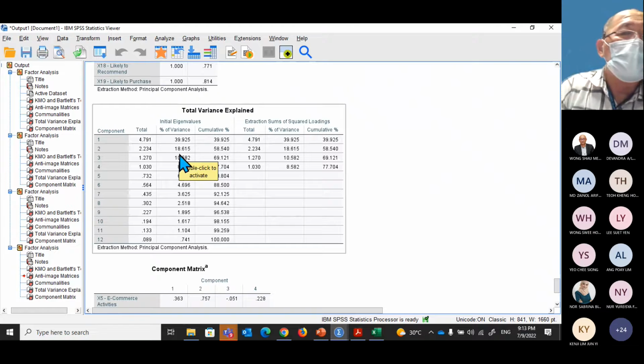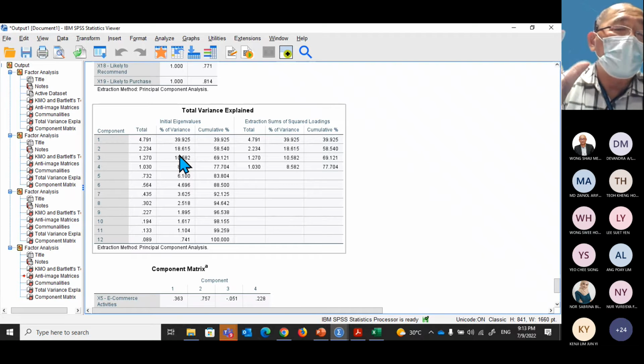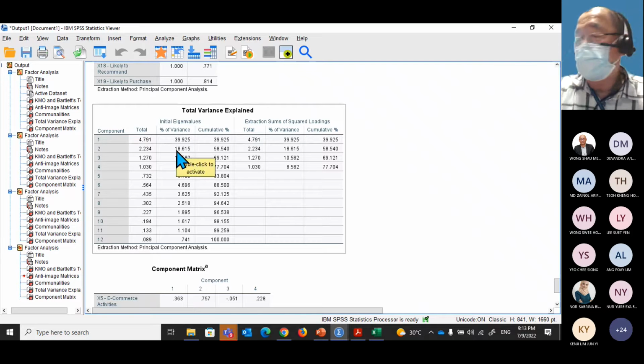Smaller than 1, we don't want. So for factor 1, the eigenvalue is quite high, 4 point something. More than 1 is considered good; below 1, we don't want. We already set this as the default in SPSS.